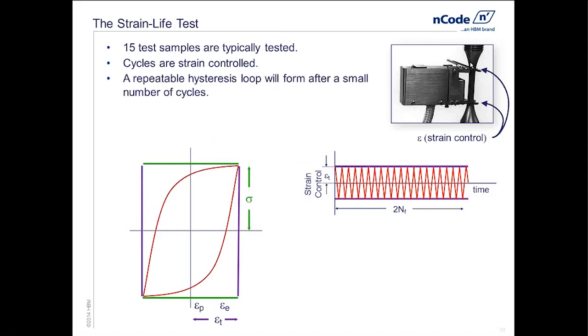And if we look at a cycle, we'll see that we can track the load and the strain, and using that we can predict these hysteresis loops. The load and specimen geometry give me the stress, and so I can start to track these hysteresis loops.